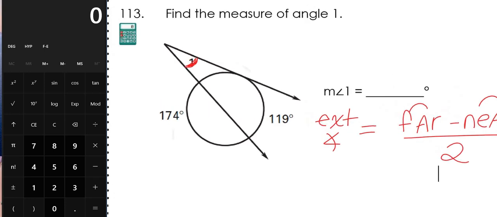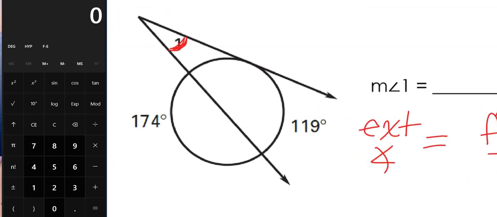Now let's talk about what it means by far and near. I'm going to zoom in on this circle. When you have the two sides that make up angle 1, I like to lightly shade in to see what parts of the circle's outline fall in between the two lines that make angle 1. So if I just lightly shade in here, my far arc and my near arc are going to be the ones that fall in this shaded boundary.